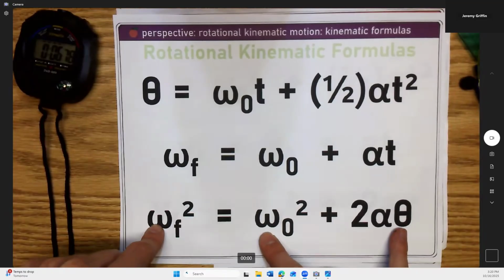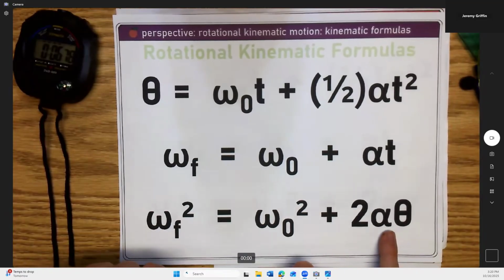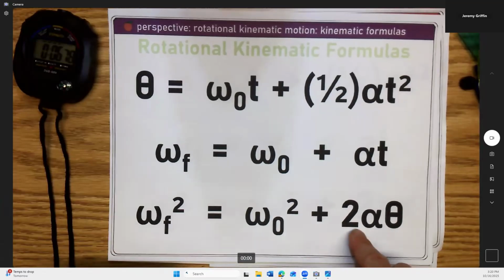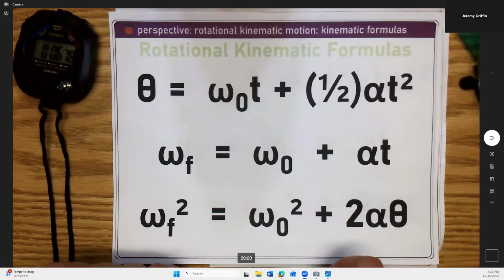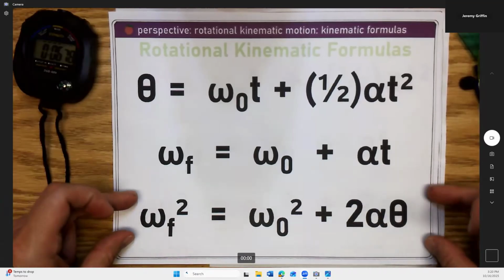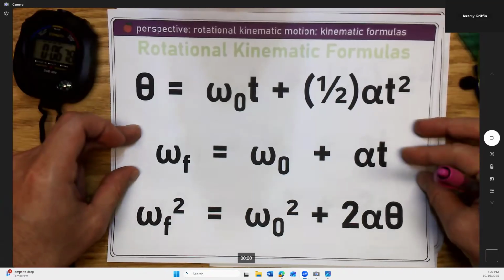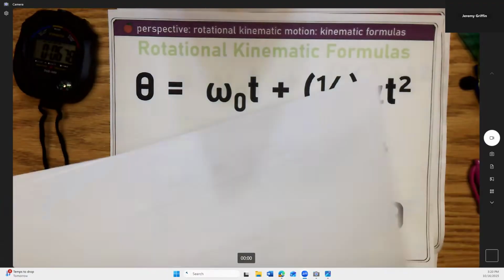Can you use that to calculate the angular acceleration, which should be negative because it's slowing down? And once you have the angular acceleration, can you pop it up here and solve for time? That's the game plan: use this one to get alpha, then take that alpha, pop it up here, and solve for time. You ready to do that? I will do that with my numbers, and you do that with your numbers, and we're going to get some answers.